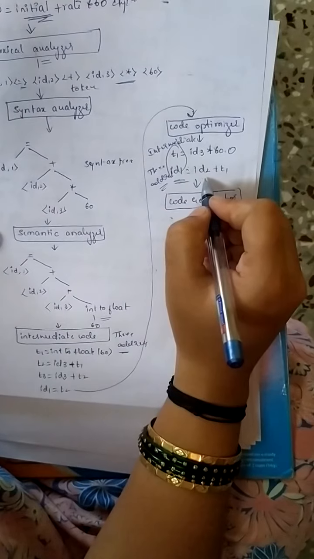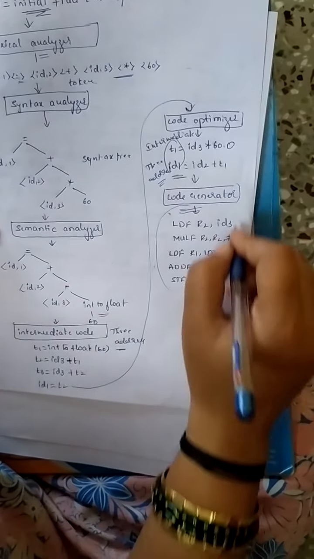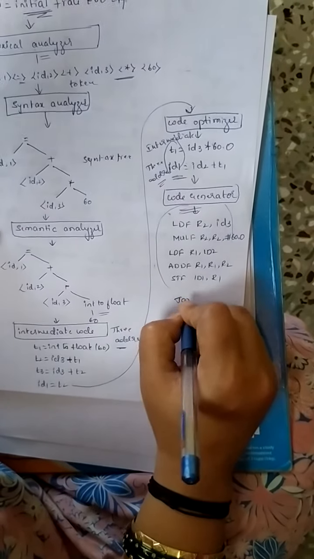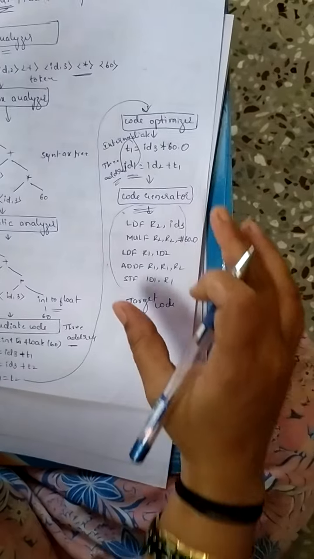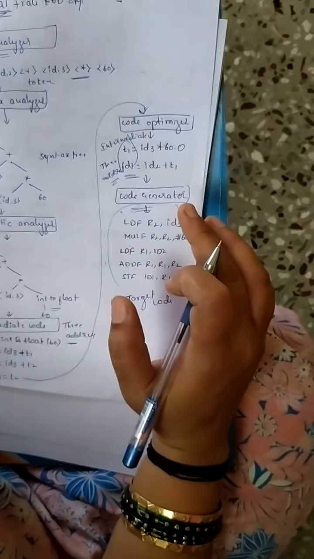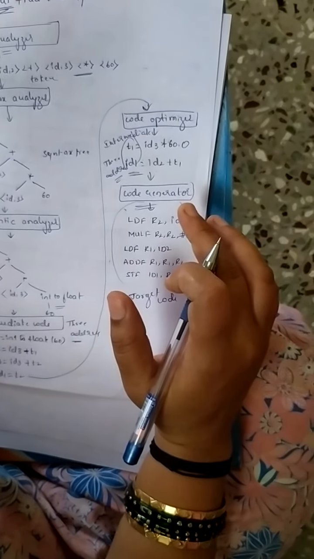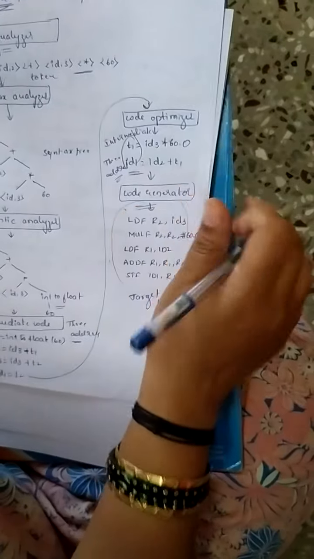That intermediate representation will be given to the code generator. This code generator will generate the target code. In this whole module we are going to discuss how the code generator is working and how the target code is executed with the help of the input, that is intermediate representation.